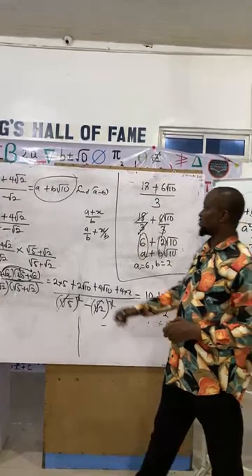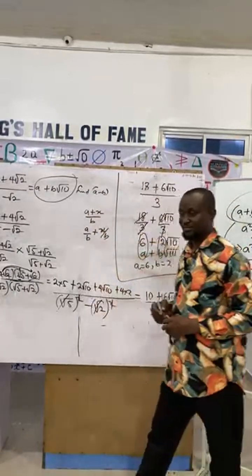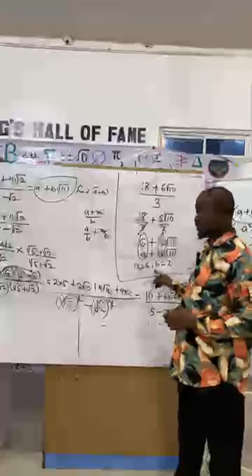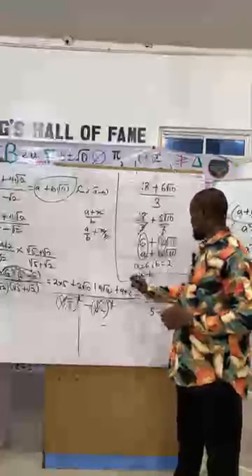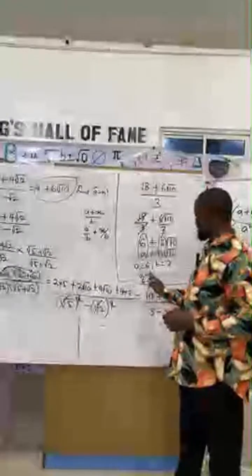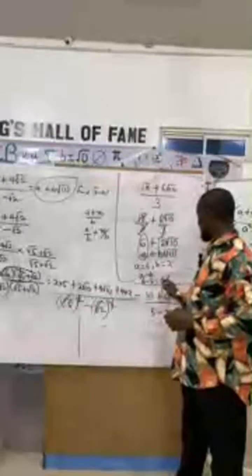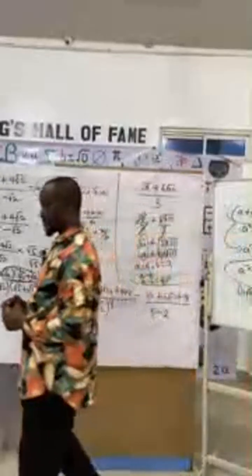The question was to find A minus B. So we have gotten A, we have gotten B, so therefore A minus B will now be equals to what? 6 minus 2. What's the answer? 4. Let's see where we have 4 in the options.